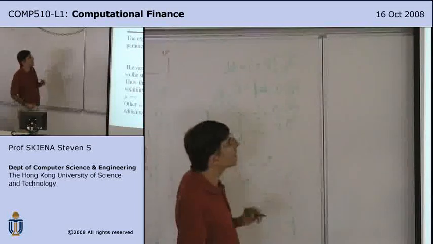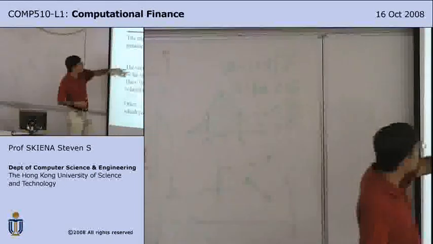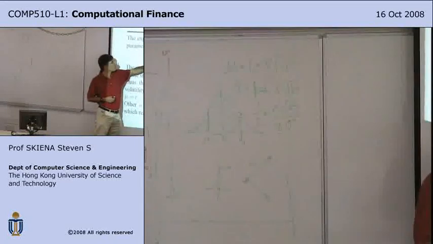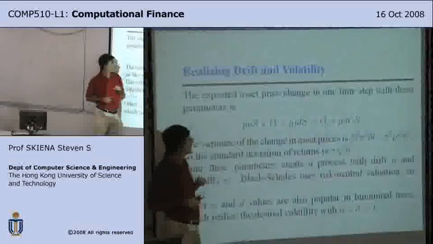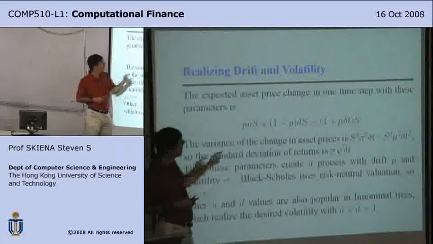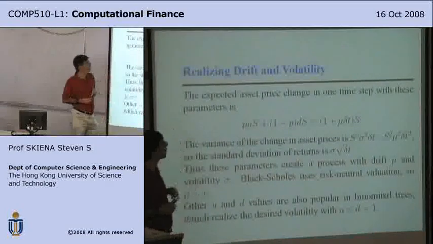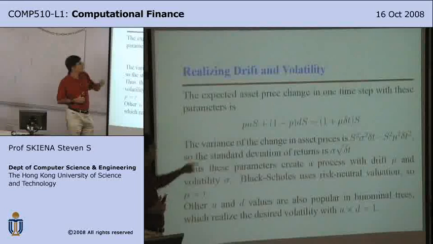The expected increase is the probability of an upward move times the upward magnitude, plus 1 minus the probability of an upward move, meaning the probability of a downward move, times the magnitude of a downward move, plus the price.